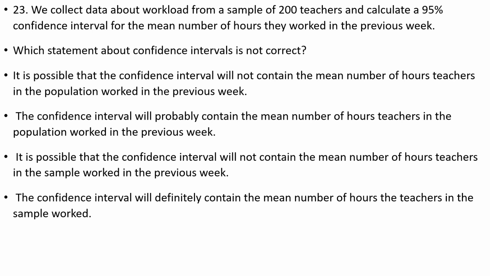The confidence interval will probably contain the mean number of hours teachers in the population worked in the previous week. It is possible that the confidence interval will not contain the mean number of hours teachers in the sample worked in the previous week. The confidence interval will definitely contain the mean number of hours the teachers in the sample worked.